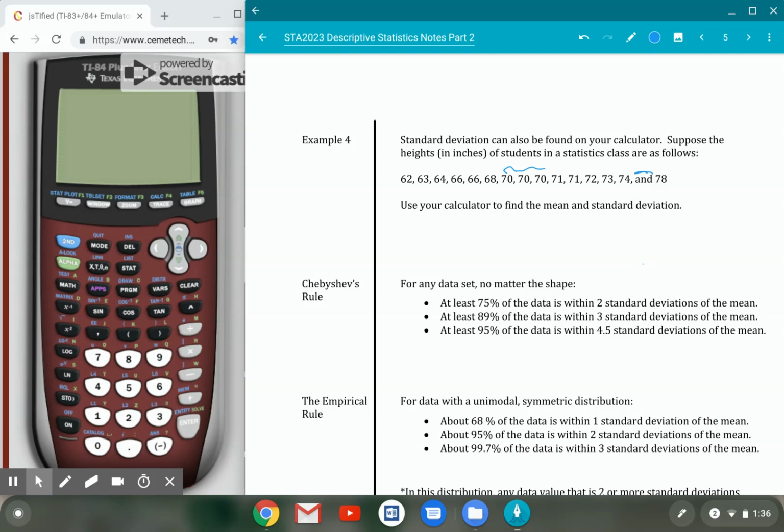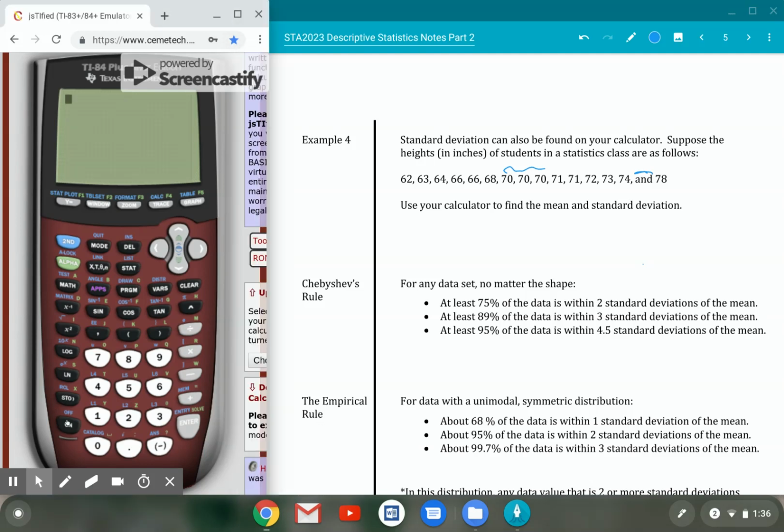So to find the mean and standard deviation, the first thing I'm going to do is get my numbers into my calculator. Just like we did for the mean and the median, we'll hit Stat and Enter to edit. I've got these old numbers in here from a previous video, so I'll hit Up and Clear and Enter to get rid of those. And I'll just enter in this data set starting with 62 and then 63 until I have all of my numbers in.